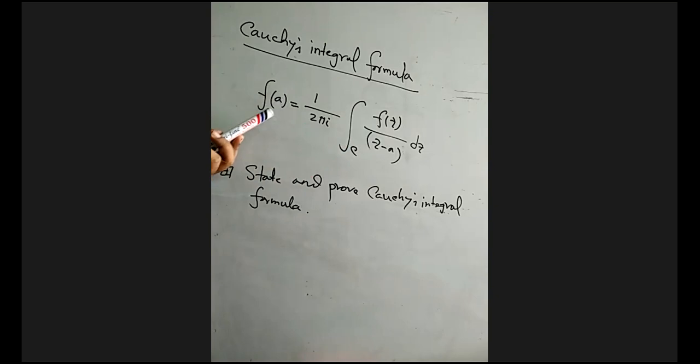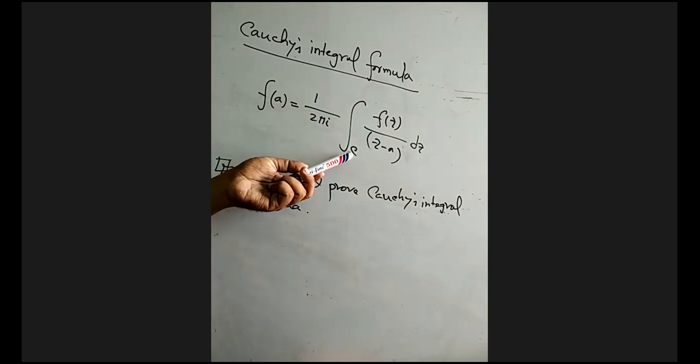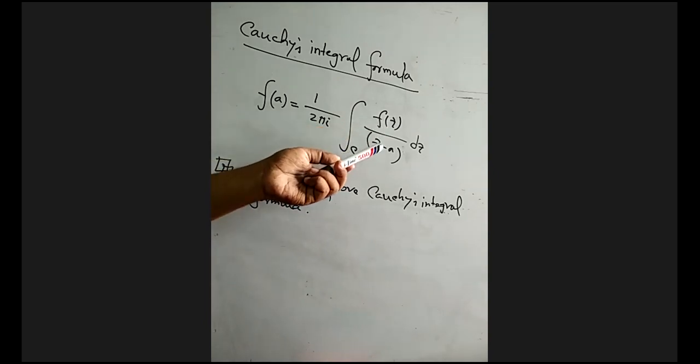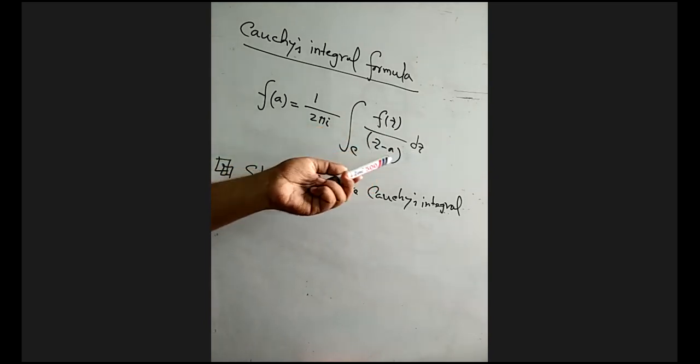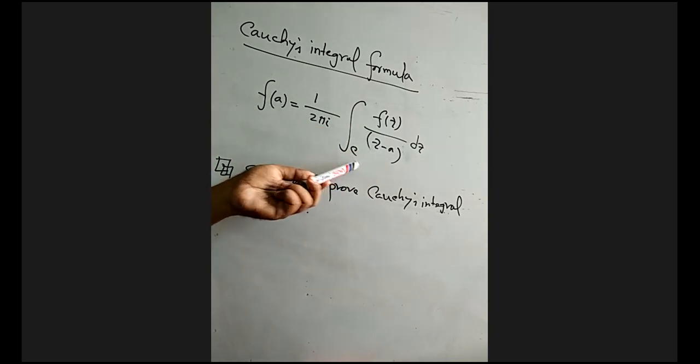Then the formula can be stated as f(a) equals 1/(2πi) times the closed contour integration over the curve C of f(z)/(z - a) dz. Here z equals a is the pole. So this is how we state and prove Cauchy's integral formula.